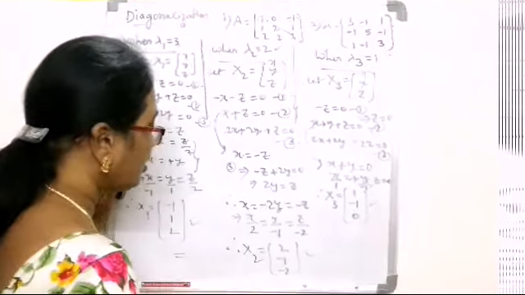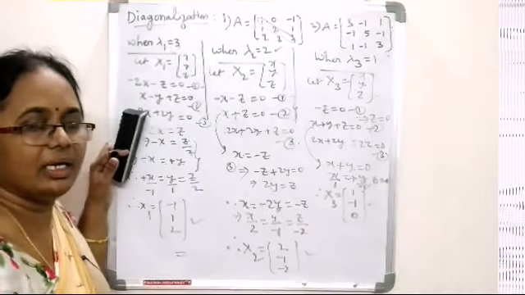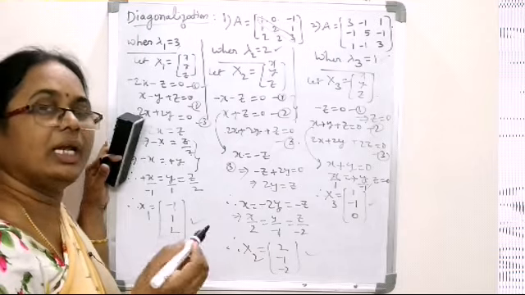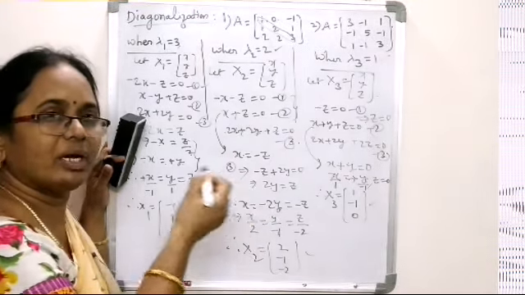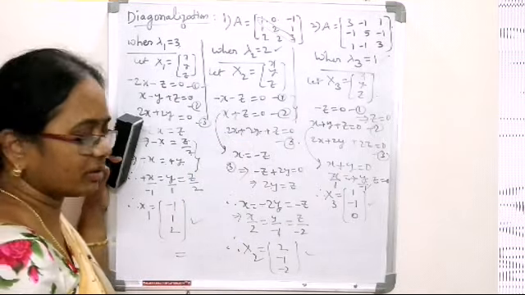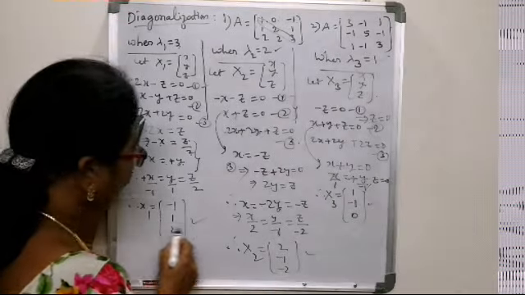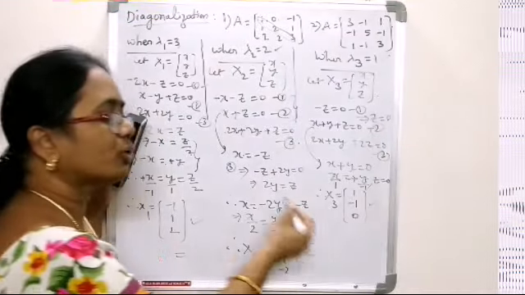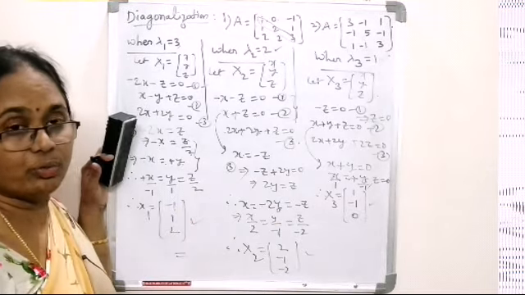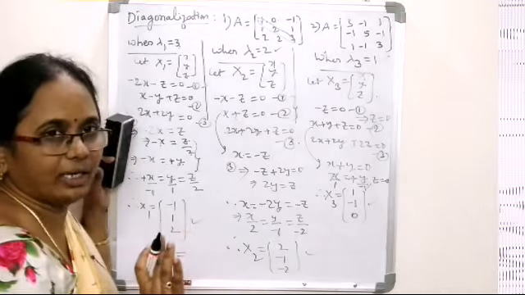Now let us check whether the 3 eigenvectors are linearly independent or not. Linearly independent means we have to check whether any one of the vectors depends on the other vectors. When we observe the 3 vectors, it is clear that x1 does not depend on x2 or x3. Similarly, x2 and x3 also do not depend on the remaining 2 vectors, which implies that the 3 vectors are linearly independent.